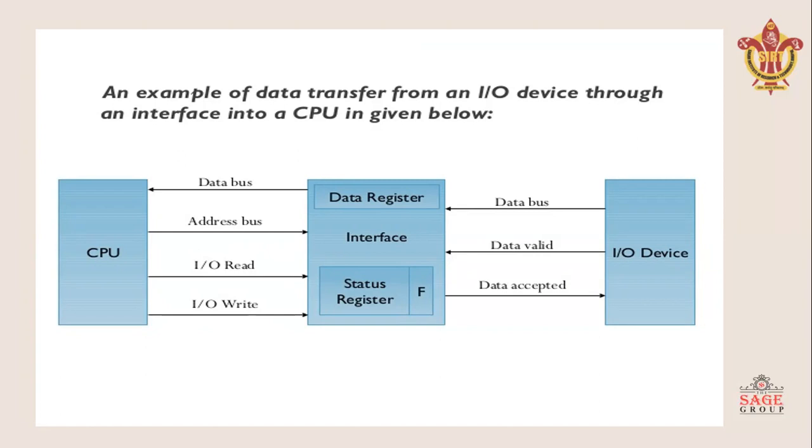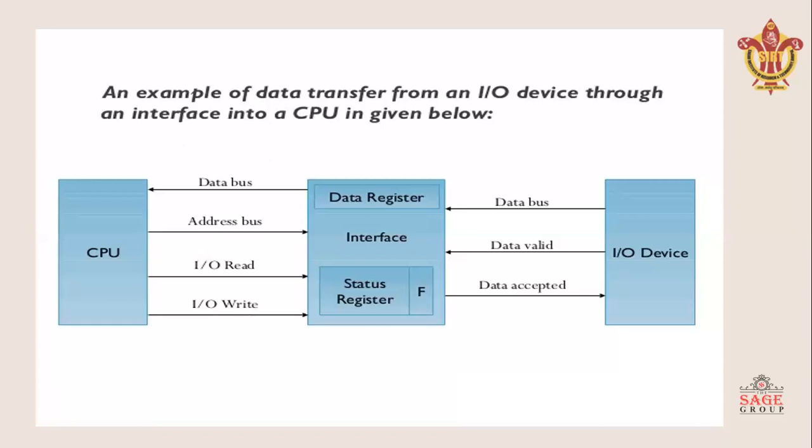First, as soon as the input-output device has the data, it will transfer its data through the data bus. This is a unidirectional signal, and the direction is from the input-output device to the interface. Then the data valid signal will be transmitted from the input-output device to the interface.